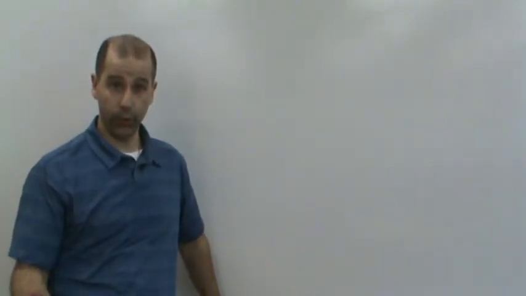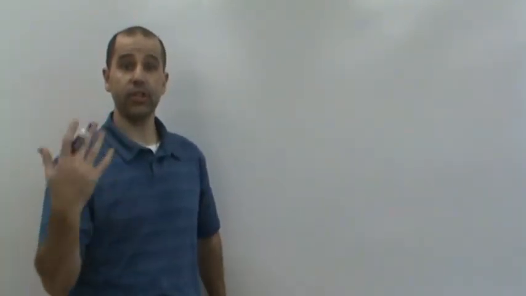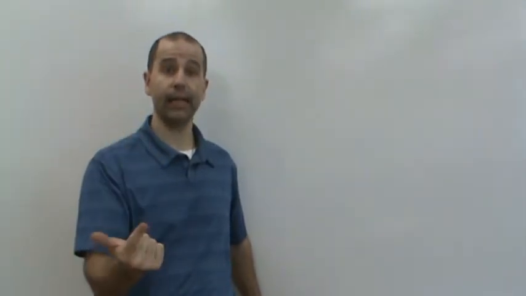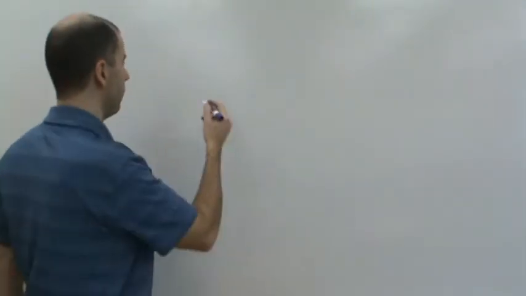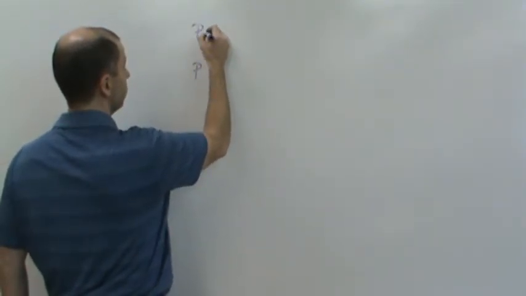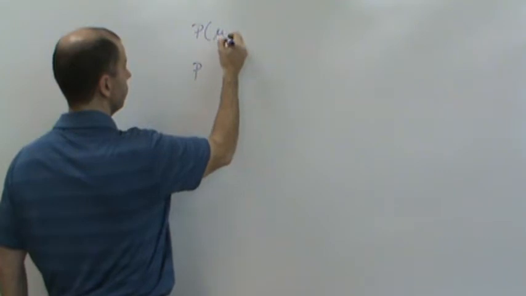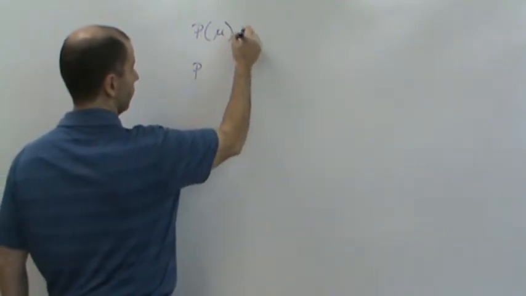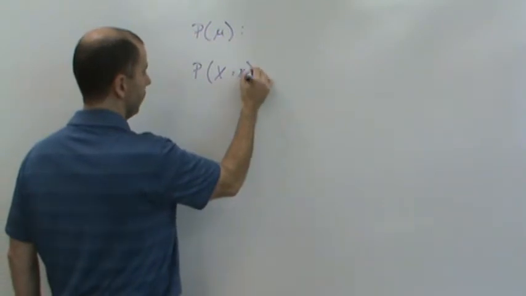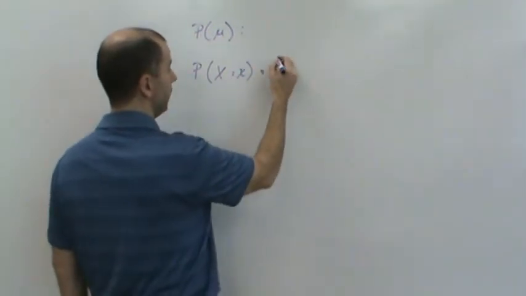Now, there is a function on your calculator that can do this for you, okay? And it's not the geometric, it's the Poisson. So now you have two functions, Poisson PDF, Poisson CDF. So remember, for Poisson, we have probability that x is equal to x is going to be what?